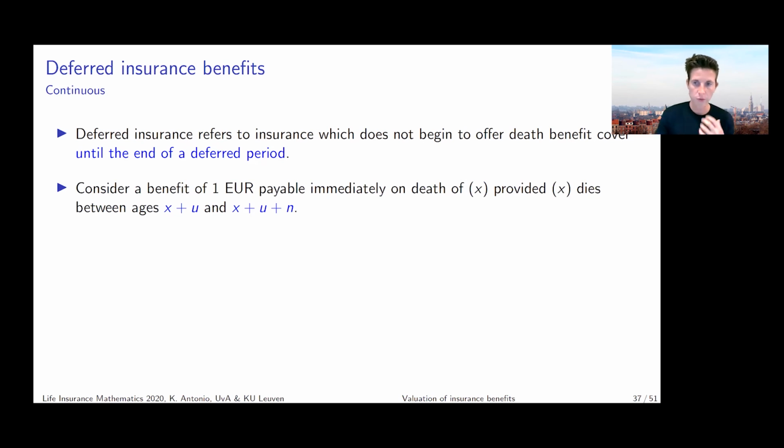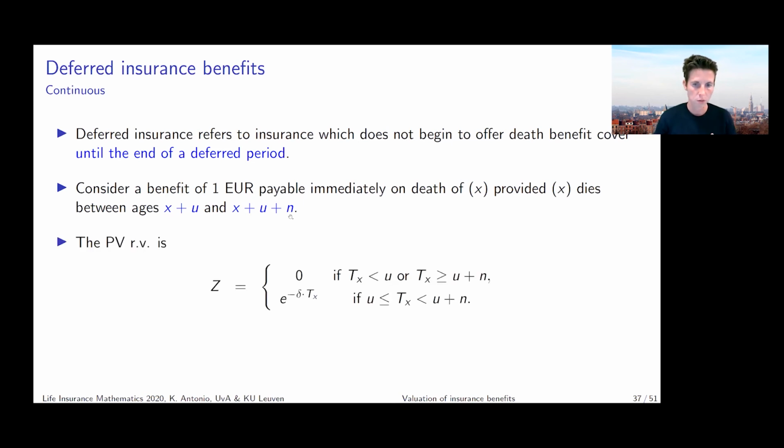And if I consider a policy period of n years, I would have a term insurance product, but one which does not immediately start providing cover, only after this deferred period of u years, right? So that's the scenario I'm looking into in this setting.